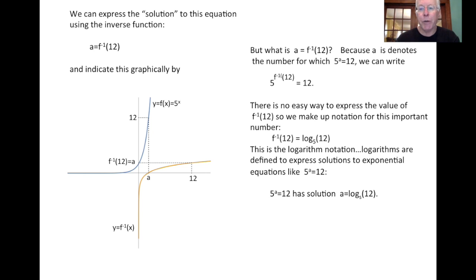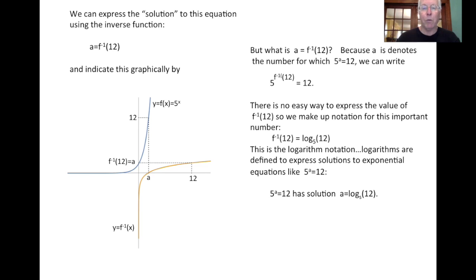There's really no easy way to express the value of f inverse of 12. So we make up a notation for this. This is a very important number, very important notation. Instead of writing f inverse of 12, we denote that by logarithm to the base 5 of 12. So this is the logarithm notation. Logarithms are defined just to express solutions to exponential equations like 5 to the a equals 12.